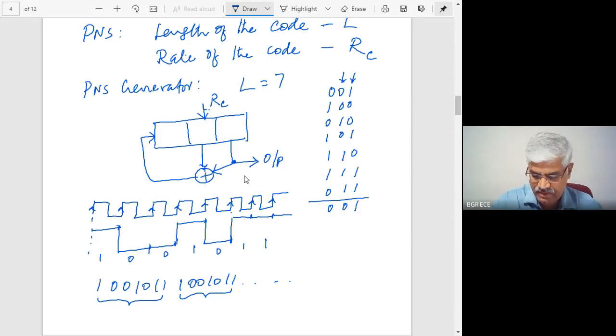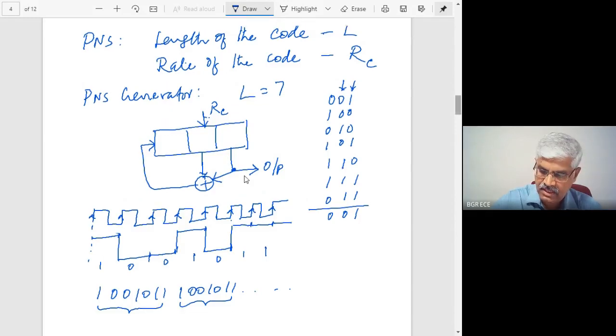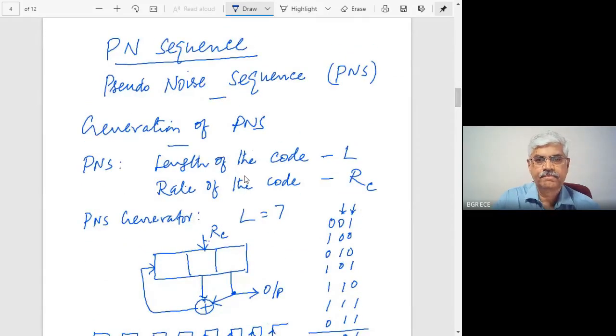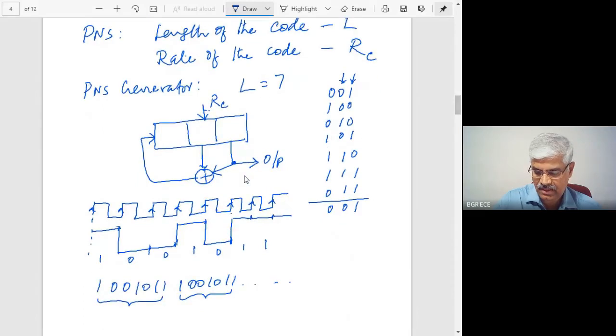Now this sequence is said to be a pseudo-random sequence. This is a pseudo noise sequence, they call it. Normally, noise means a random phenomenon, a random signal. But for this sequence, they have named it a pseudo noise sequence.